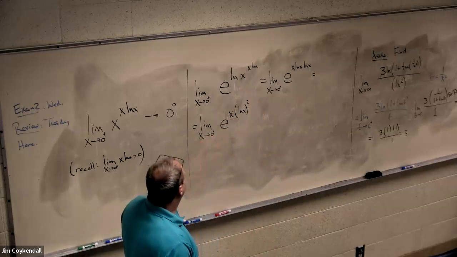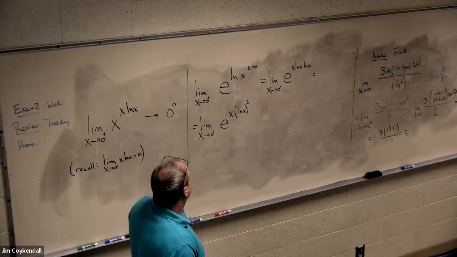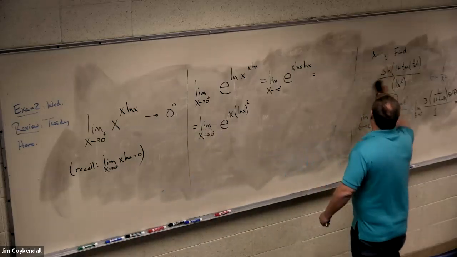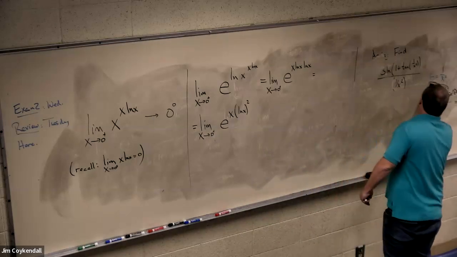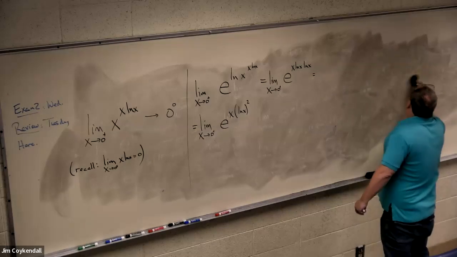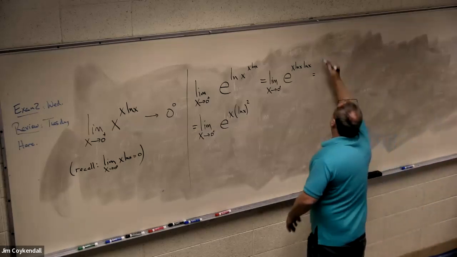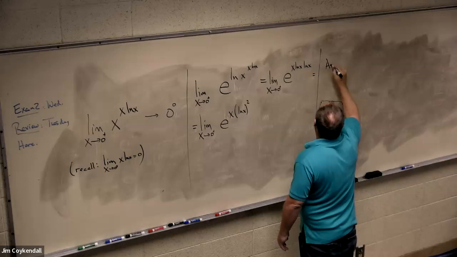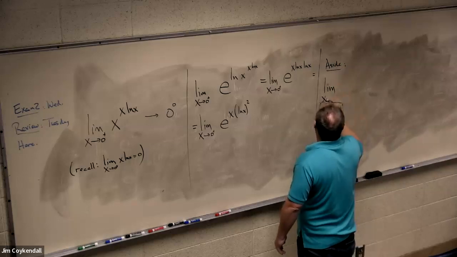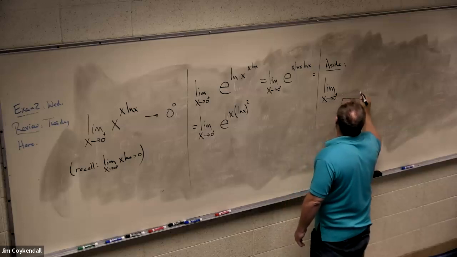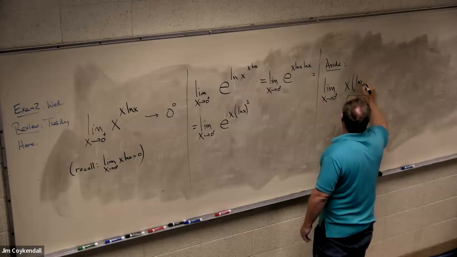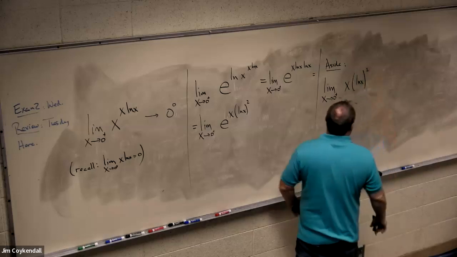Okay. So now it is an appropriate time for a little aside. We try to figure out what happens to that exponent. So my big question right now is let's evaluate the limit as x goes to 0 from the positive side of x natural log x.